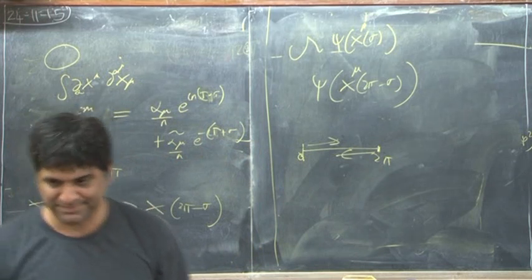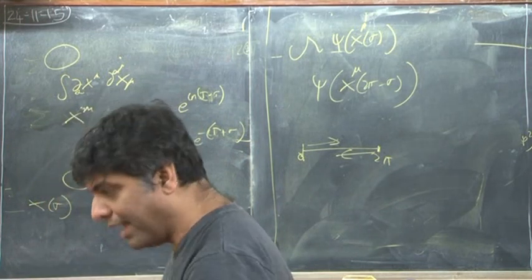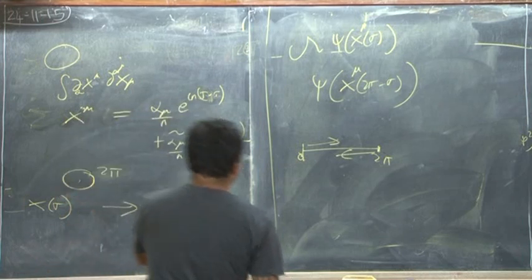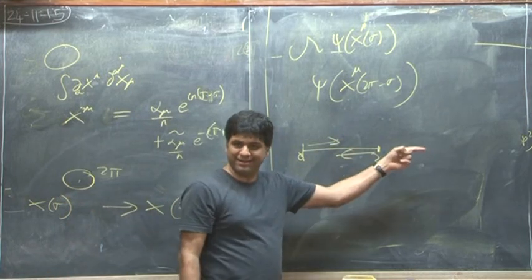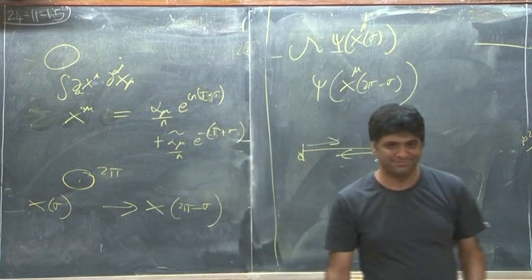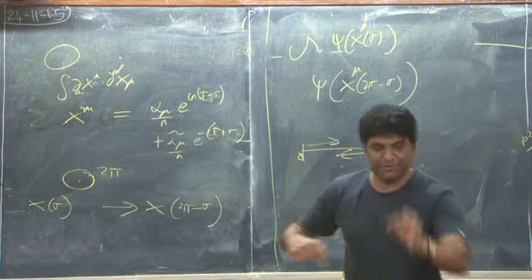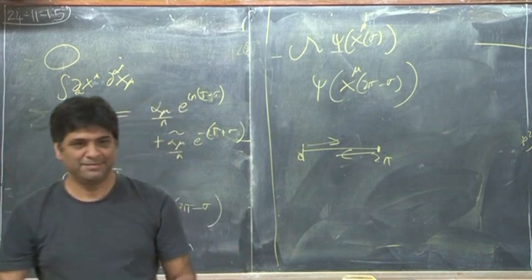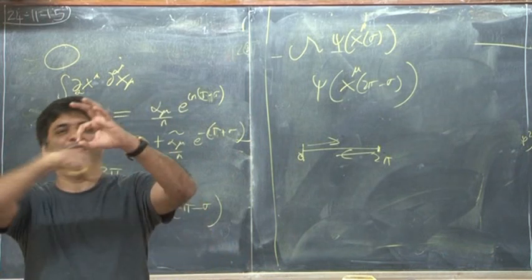So the operation is simply changing this way to that way. Either you measure σ as going clockwise or counterclockwise, right?